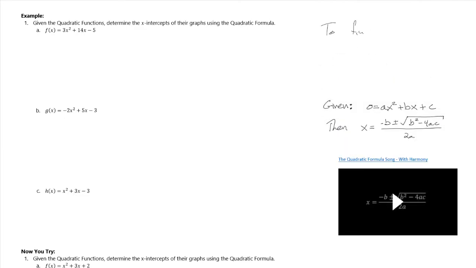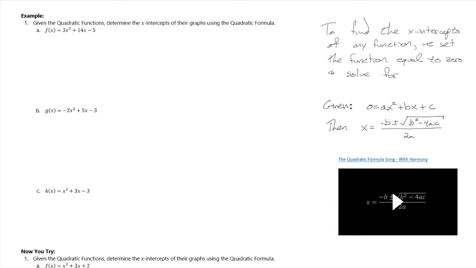to find the x-intercepts of any function, we set the function equal to 0 and then solve for x.